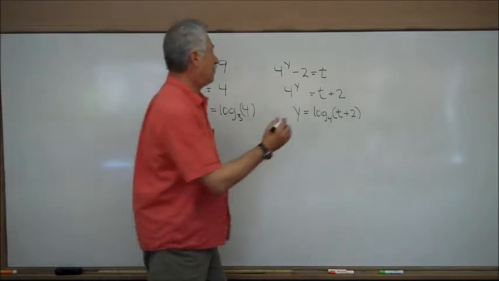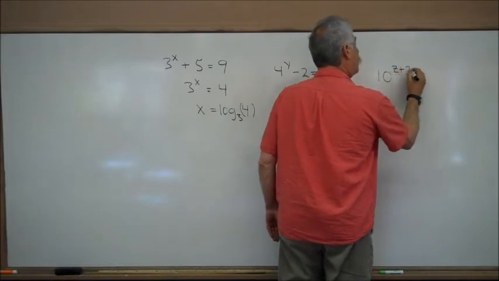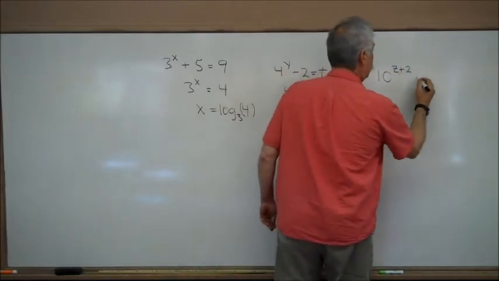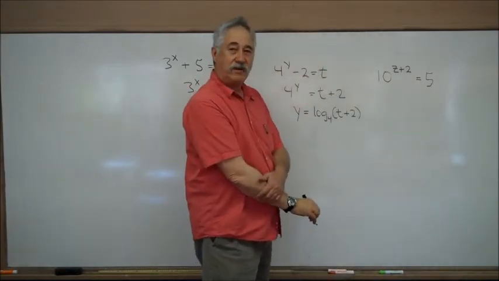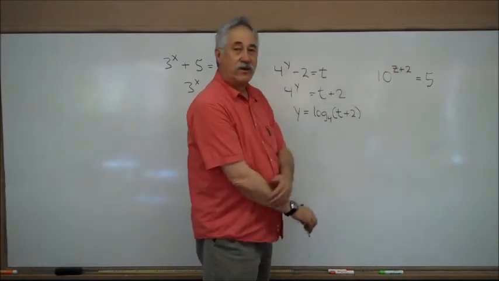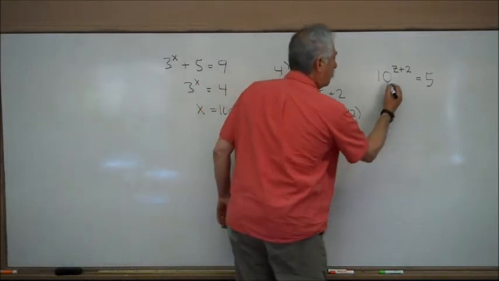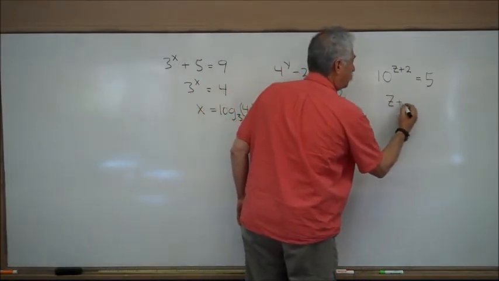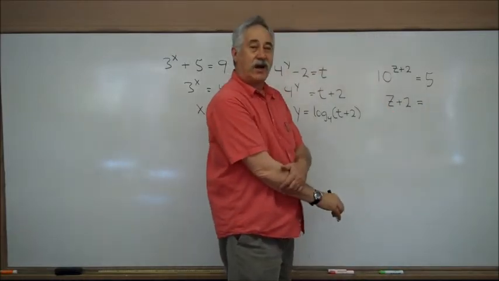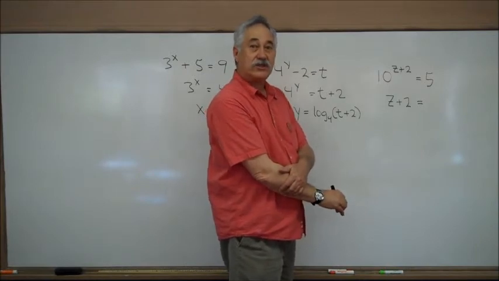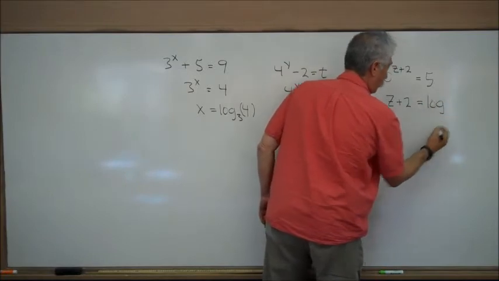Let's look at another example. 10 to the z plus 2 equals 5. In this problem, the term I wish to work with is already isolated. I'm ready to begin. I remove the 10, and I'm left with z plus 2 on the left. On the right side, I have a logarithm base 10. This is the only case where you don't write log, L-O-G, with a base shown.